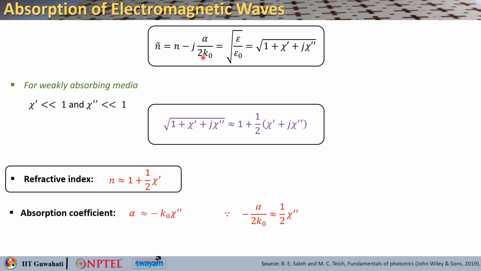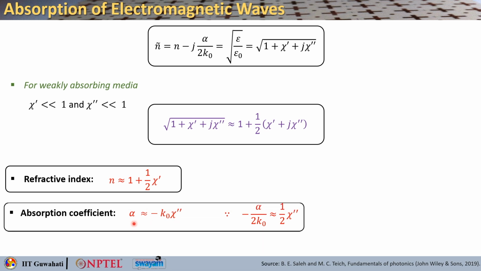And the imaginary part, which is related to the attenuation coefficient alpha, comes out to be alpha equals minus k naught chi double prime. If you look at what this is, it is minus alpha by 2 k naught equals half chi double prime. This relates the imaginary part of the susceptibility to your absorption coefficient.